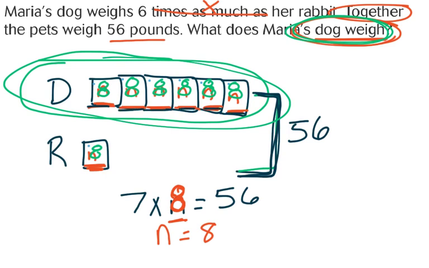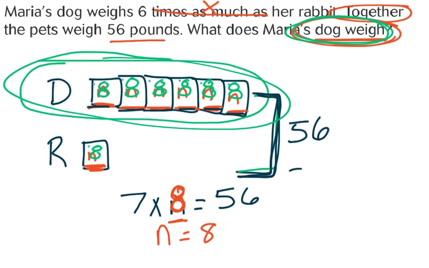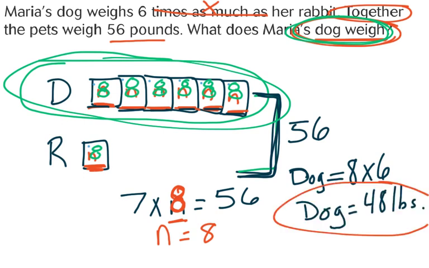I have 6 8's. So the equation that I can set up for her dog's weight is 8 times 6. So here we have 8 times 6 for her dog's weight, and that's a fact that we need to know. 8 times 6 is equal to 48. So her dog weighs 48 pounds.